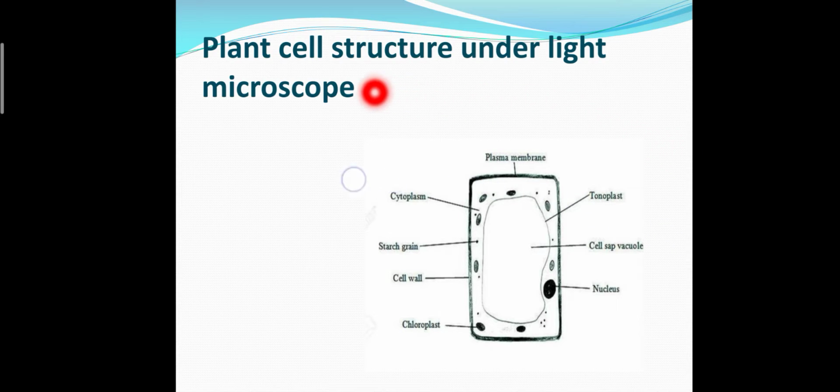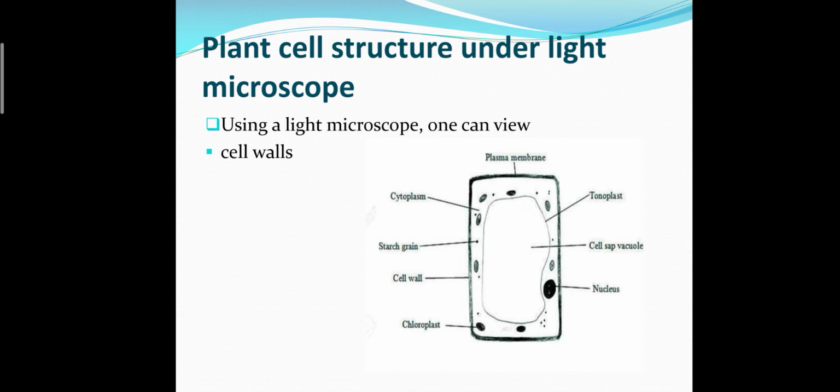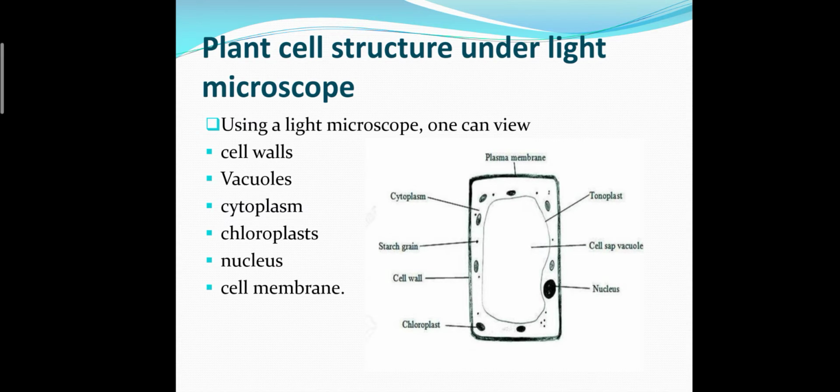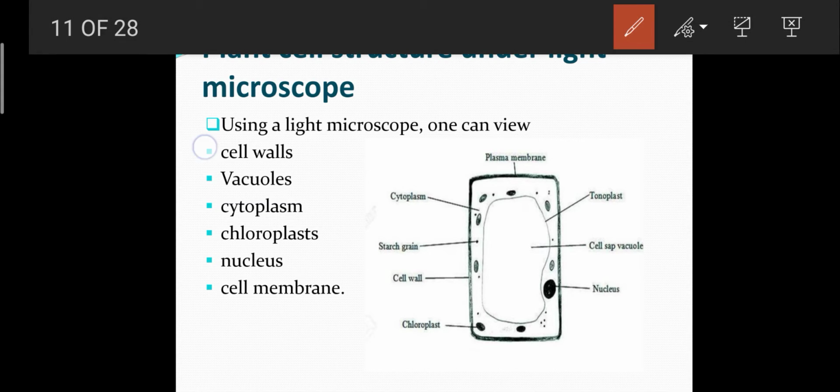Now we will talk about the plant cell structures under the light microscope. We can see cell walls, vacuoles, cytoplasm, chloroplasts, nucleus and cell membrane. These are the structures of plant cells which are visible under a light microscope.